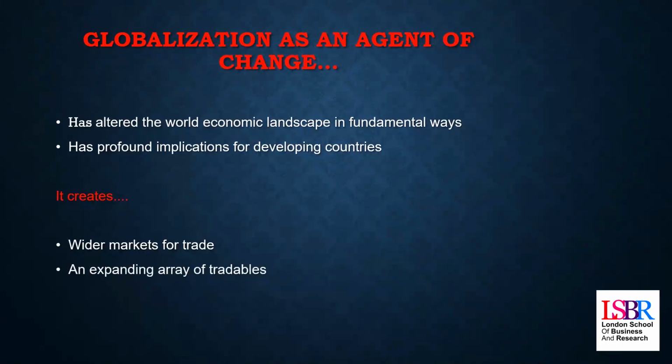It's also allowed for an expanding array of tradables. So this isn't just about trading products and services, it's also about trading goods at a national level. Countries have what are called bilateral or multilateral trade agreements. So for example, wine and Australia. Australia sells wine to a lot of different foreign countries because Australia has a climate for wine.